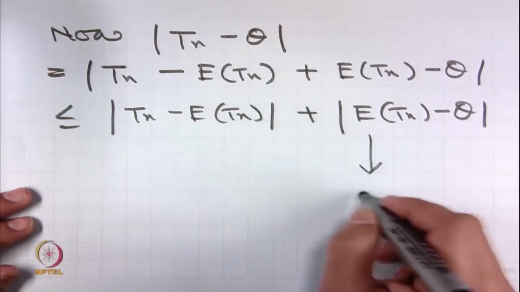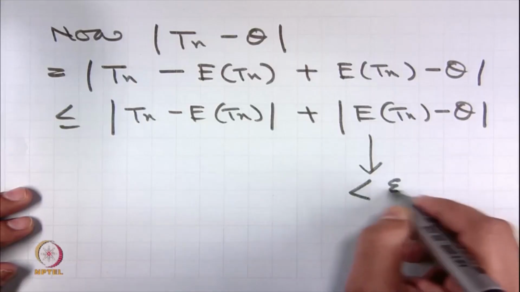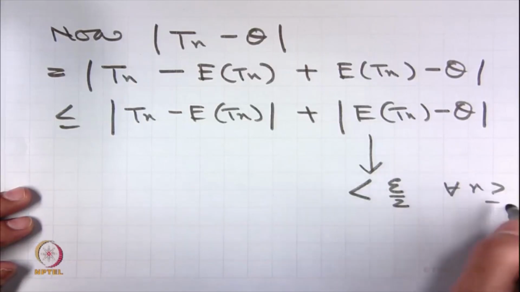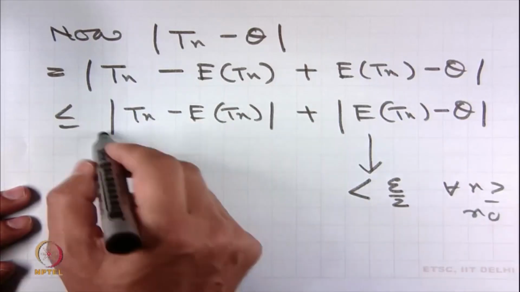This is less than epsilon by 2 for all n greater than equal to n naught.